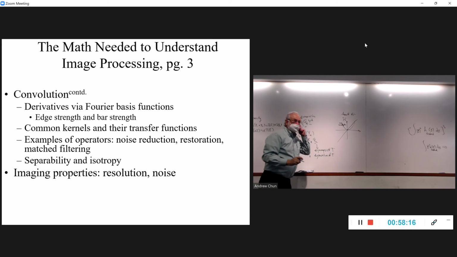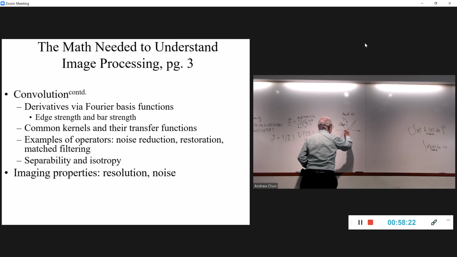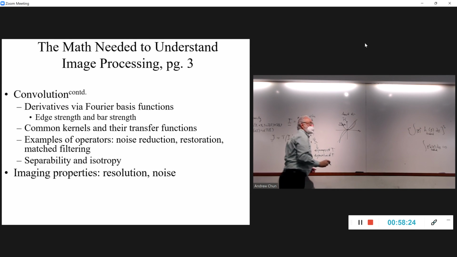That's the one for the second derivative. The cubic one looks like that, and so on. Just nu cubed.